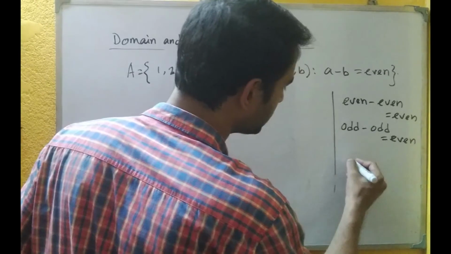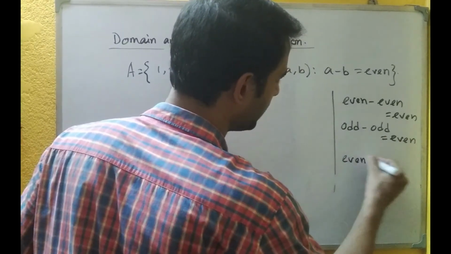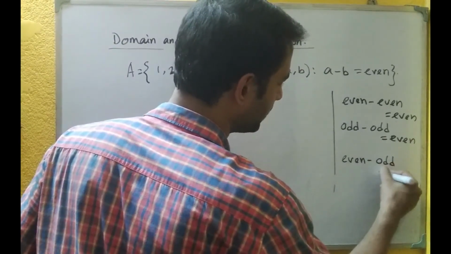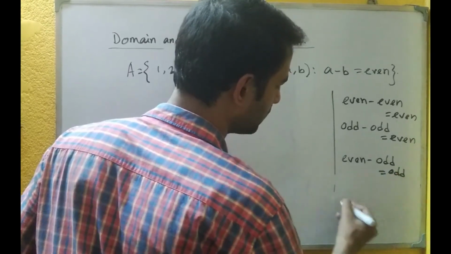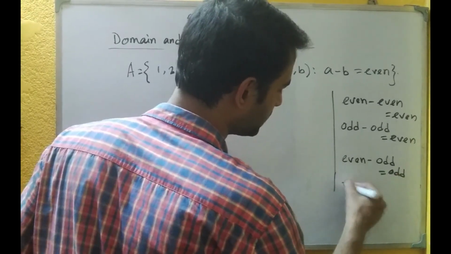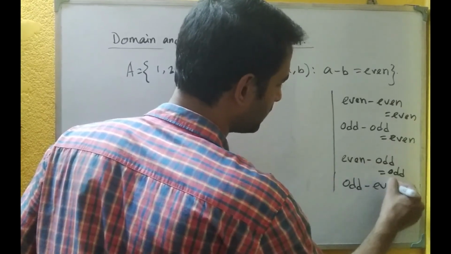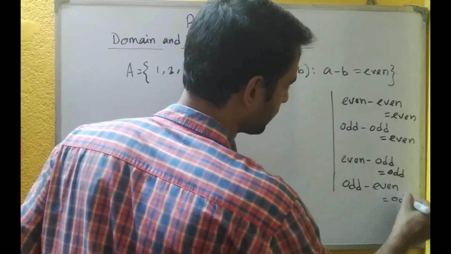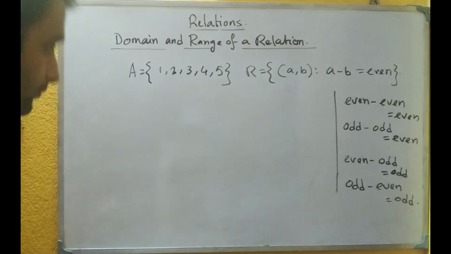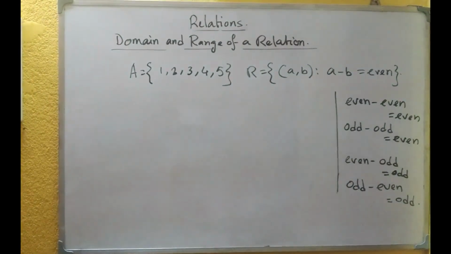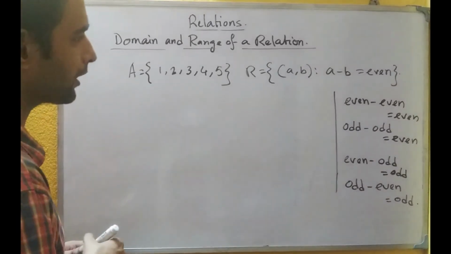And if you take two different numbers, that is one is even and one is odd, then the difference will be odd. The same case with the first one being odd and the second one being even. Then see which elements should be in the relation, which ordered pairs should be in the set R.